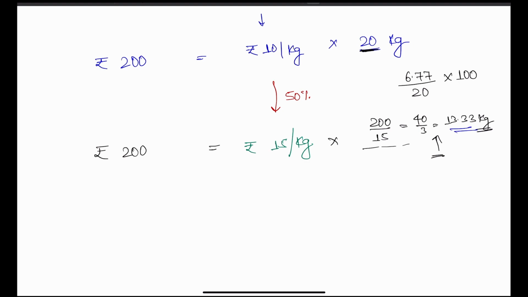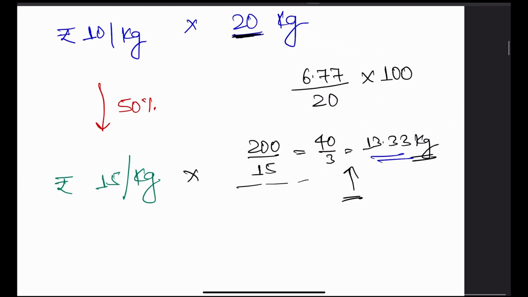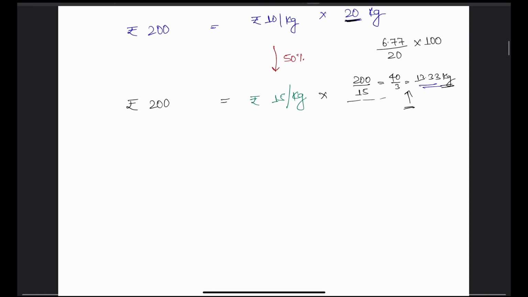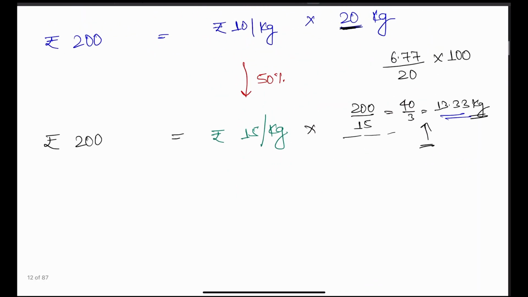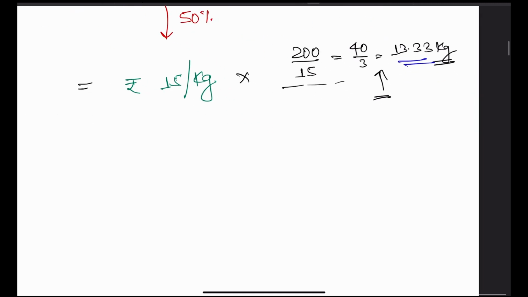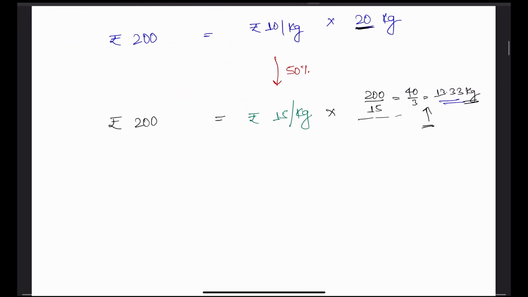It will be something in the range of, actually it was 40 by 3, so I can replace it. Let's just write it over here. 20 minus 13.33, it was 6.67, divided by 20.